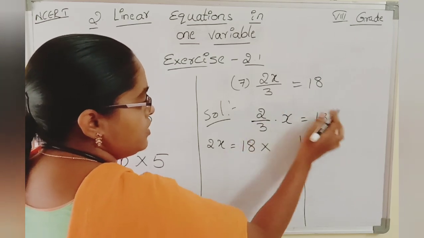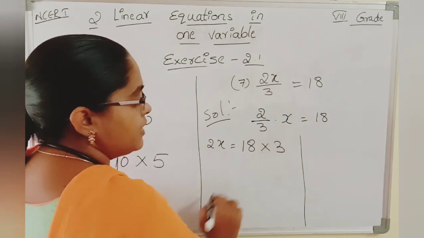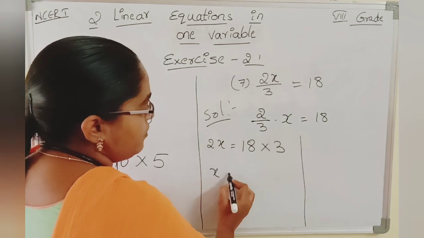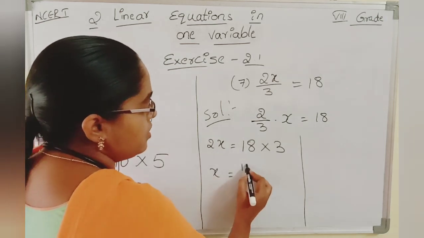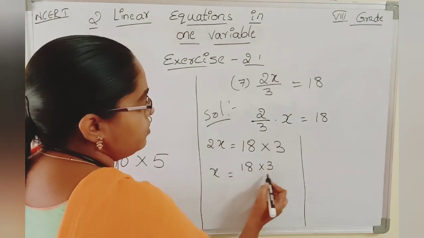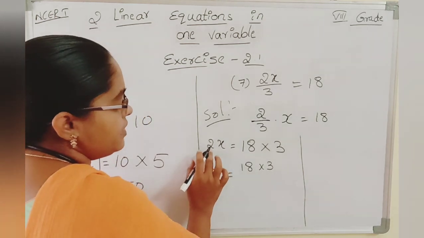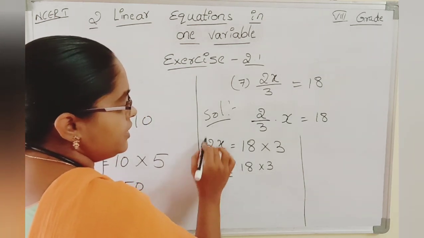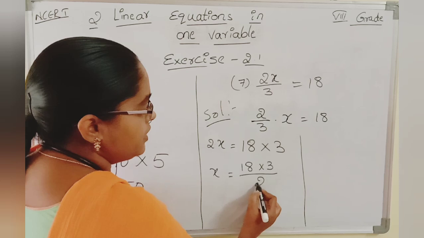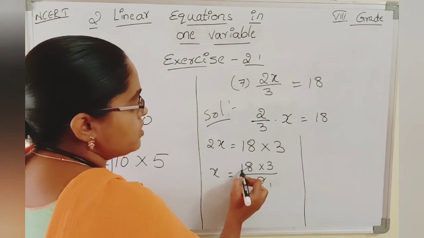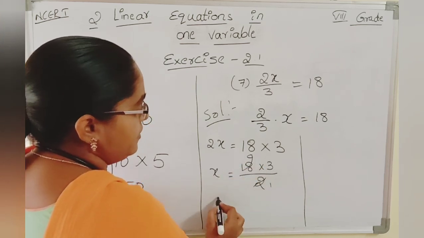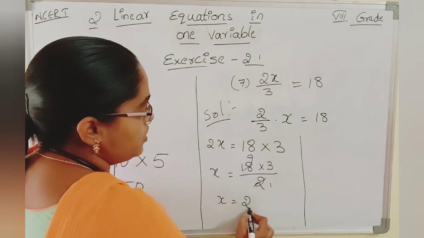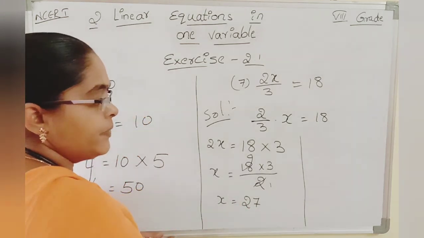Whenever we are sending this to the opposite side, it becomes multiplication. Now I want only the x value. x is equal to 18 into 3. See, this 2 is in multiplication here. When we are sending this to the opposite side, it becomes division. Now 2 ones are 2, 2 nines are 18. So x is equal to 9 threes are 27 is the answer.